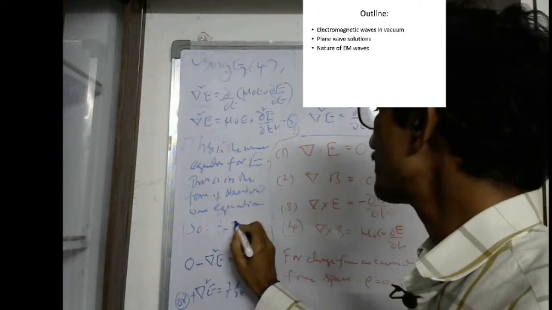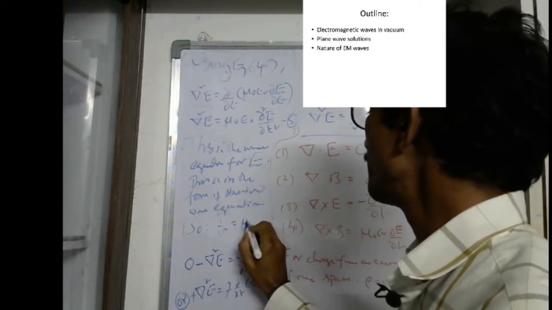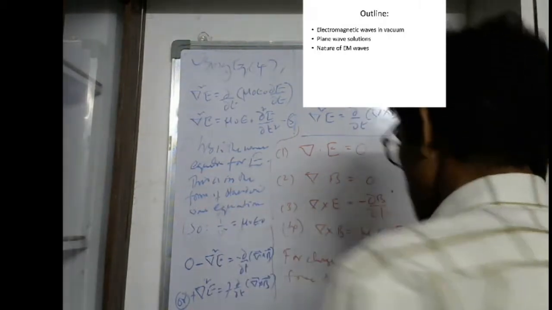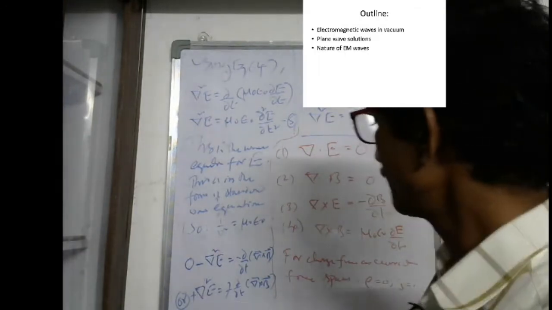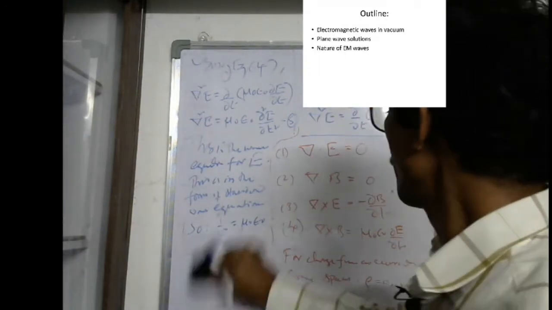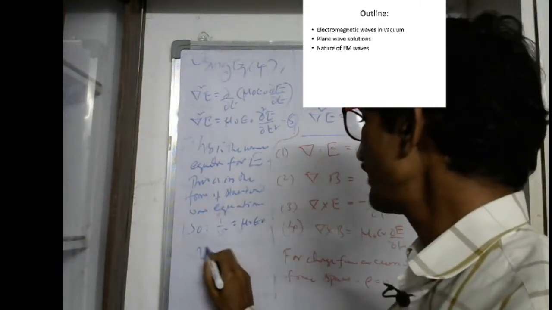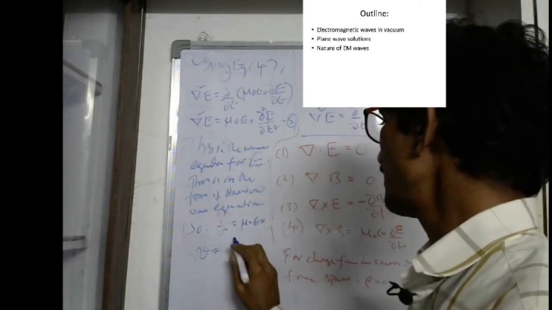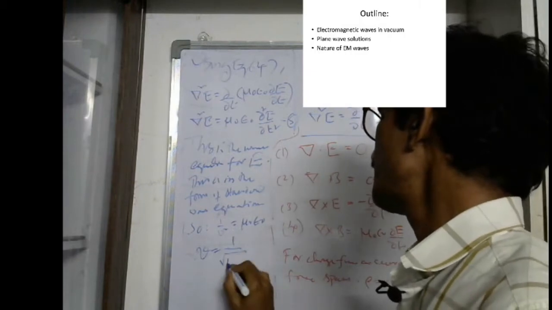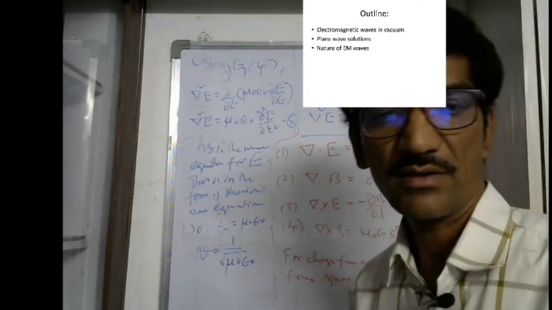So 1 by v square is equal to mu naught epsilon naught. So what is v? Therefore v is equal to 1 by the square root of mu naught epsilon naught.